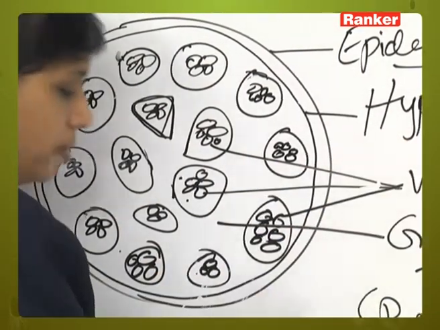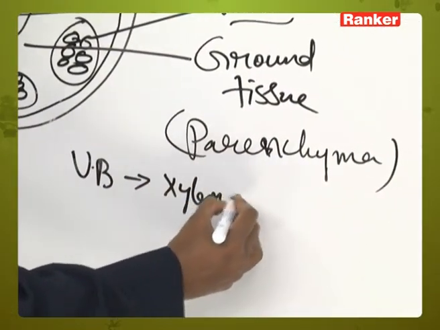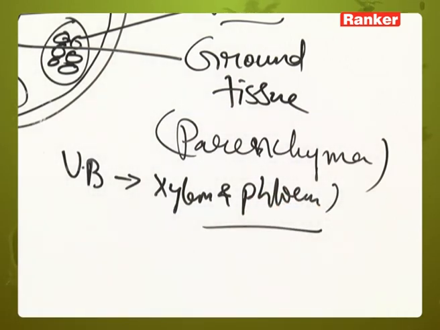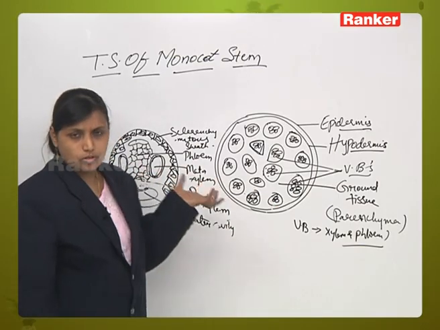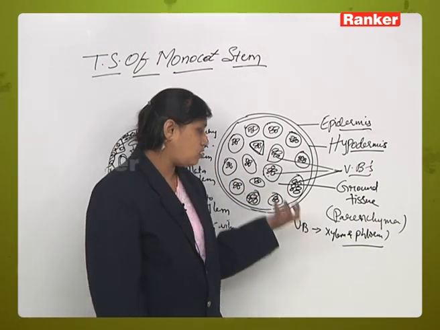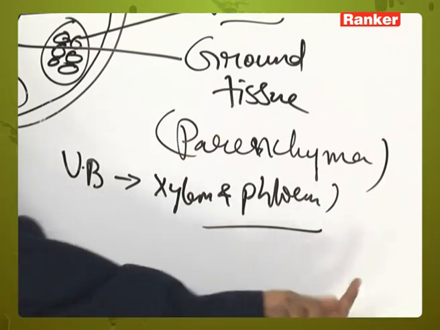As we said, a vascular bundle is a combination of xylem and phloem. As we don't have vascular cambium, we don't see any secondary growth occurring in the monocot. So in the vascular bundles you will see the arrangement of only xylem and phloem.